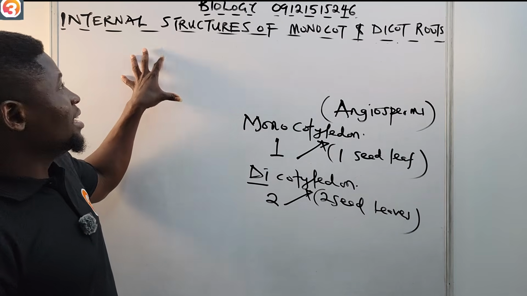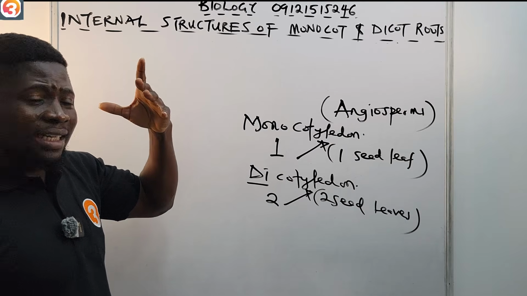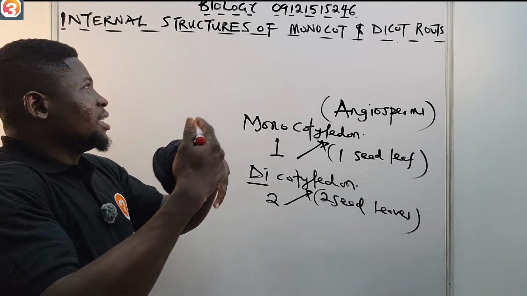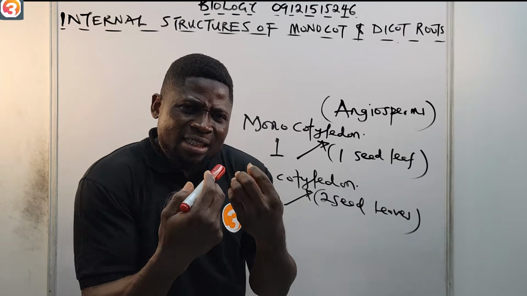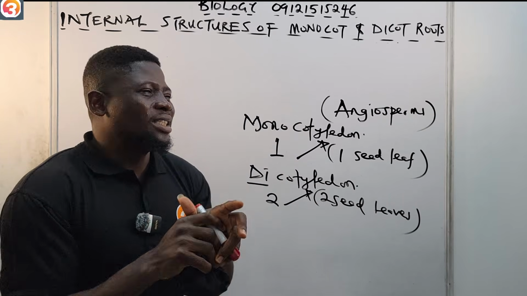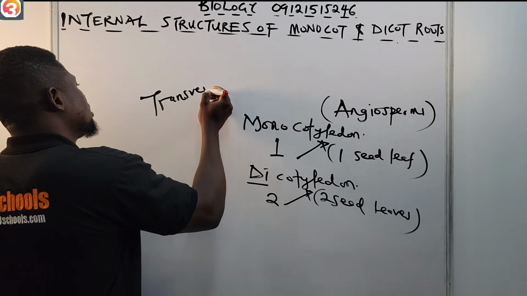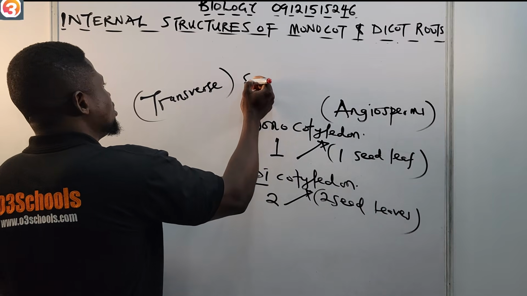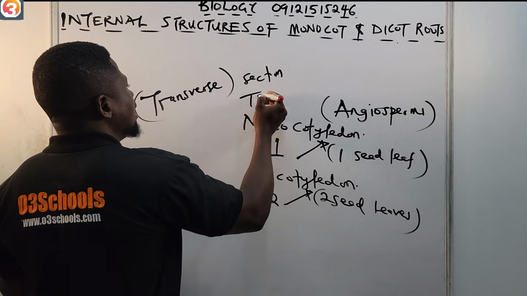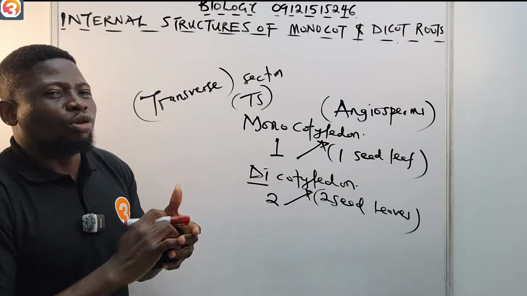So we're looking at the internal structure of monocot and dicot roots. And how do we get the internal structure? For us to be able to see the internal structure of a monocot or dicot root, we need to take the transverse section, that we call TS, of a monocot or a dicot root.